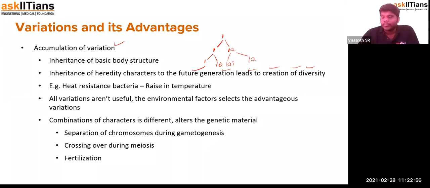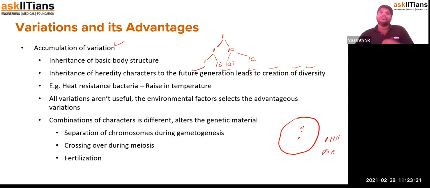As an example, let's assume a scenario. There is a hot spring. In that hot spring, there is one particular strain of bacteria living which is heat resistant. There is another type of bacteria which is salt resistant. So heat resistant bacteria and salt resistant bacteria are surviving in one place.